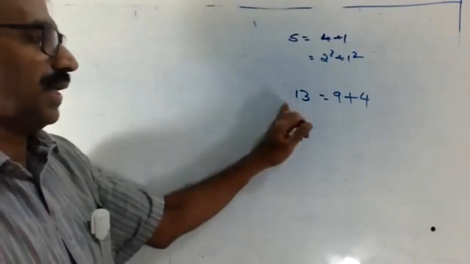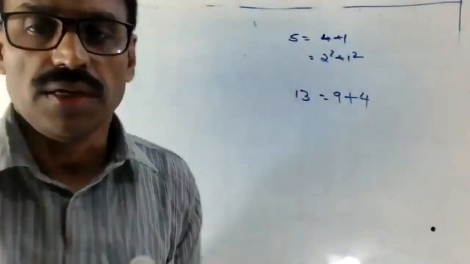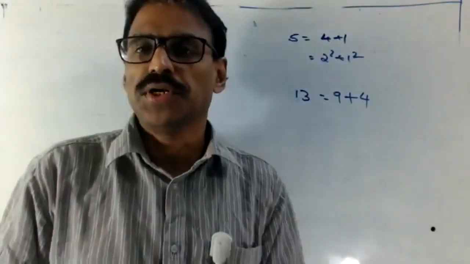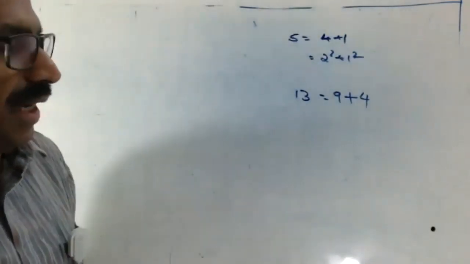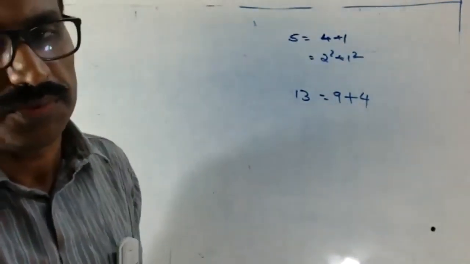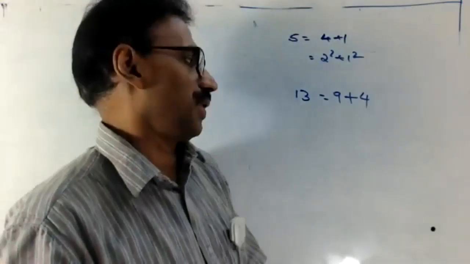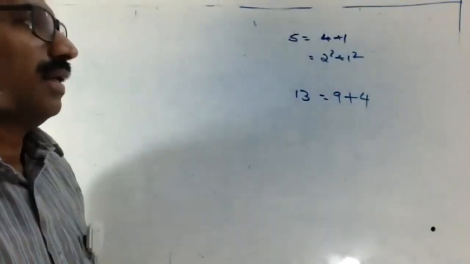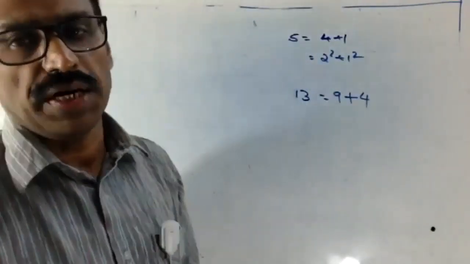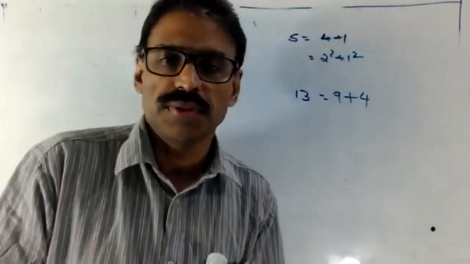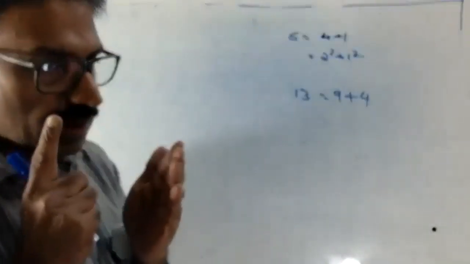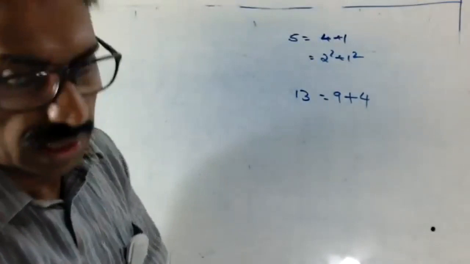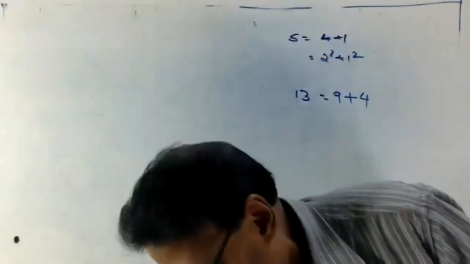Correct or no? 13 equals 9 plus 4. We can split into many ways. 10 plus 3, but 10 is not a perfect square, 3 also not a perfect square. Then 11 plus 1: 1 is a perfect square, but 11 is not. So we need the sum of two perfect squares. Are you clear on that part?